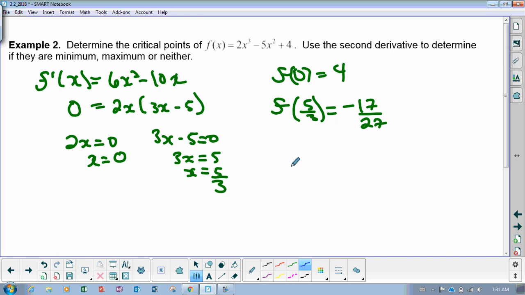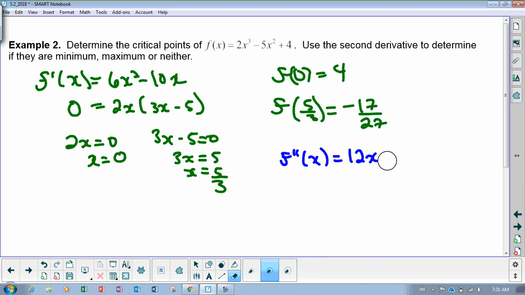So in order to check that without having to do an interval table, I am going to find my second derivative, which is 12x minus 10. Oops, that should be a minus, not an equal. I'm going to sub in my x values.